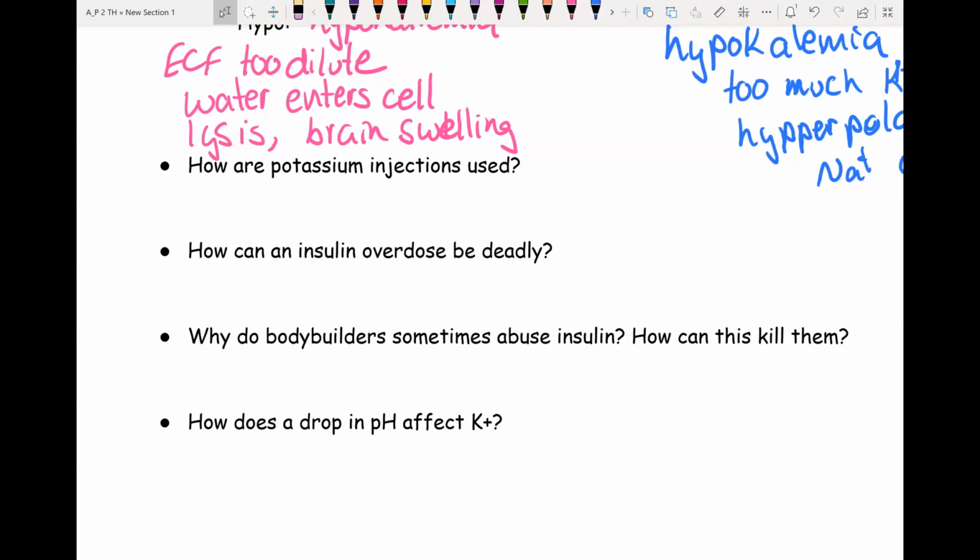This is how we execute criminals. So lethal injection, it's a shot of potassium. Also, veterinarians use this when they put animals down. Like if your dog is old and sick and you take him to the vet to have the vet put him to sleep, they give him a shot of potassium.